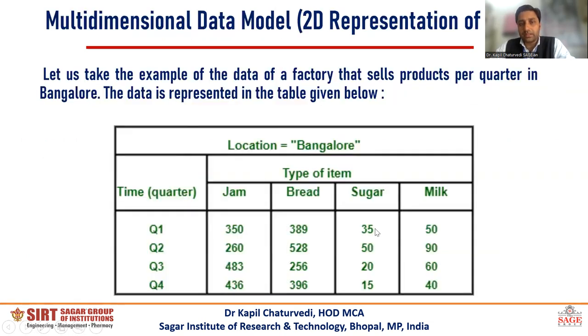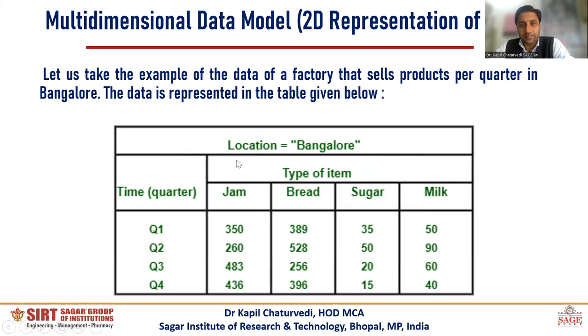As we know, if we are talking about databases and tables, we represent the data in this form. Simply, we arrange the data in the form of rows and columns. To better understand, we can arrange the data in this way also.